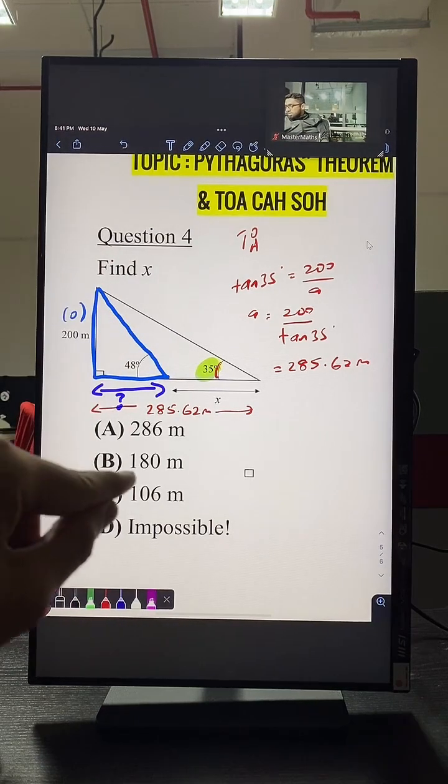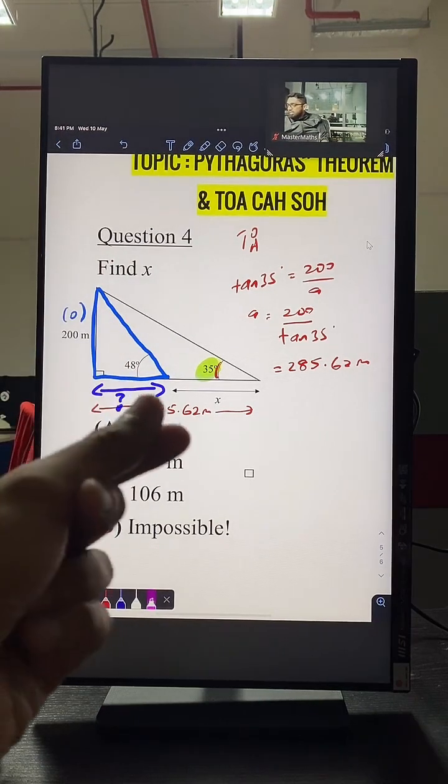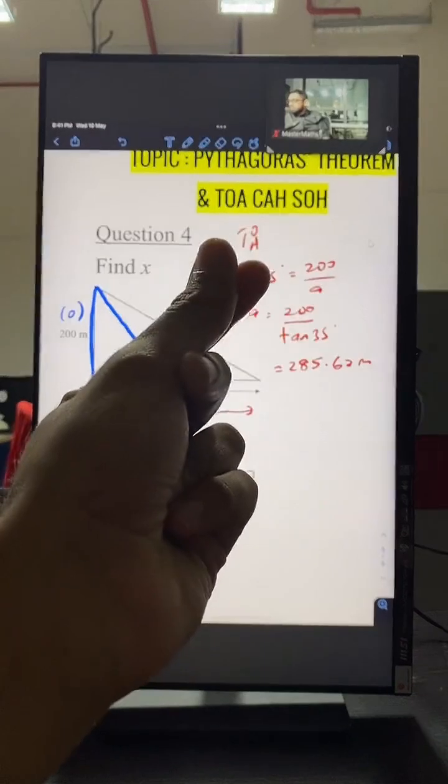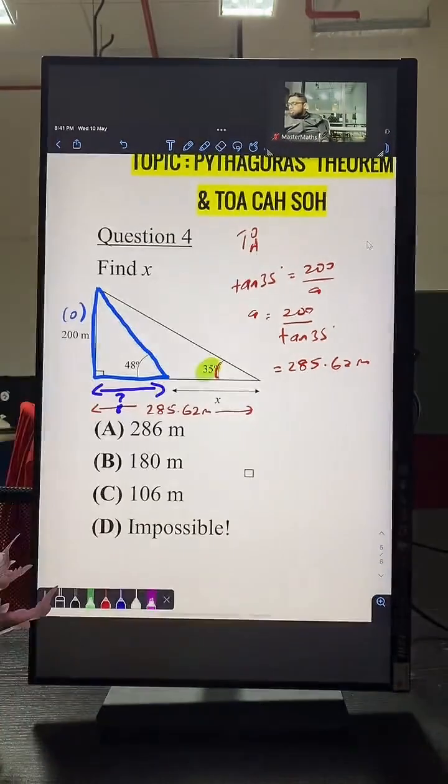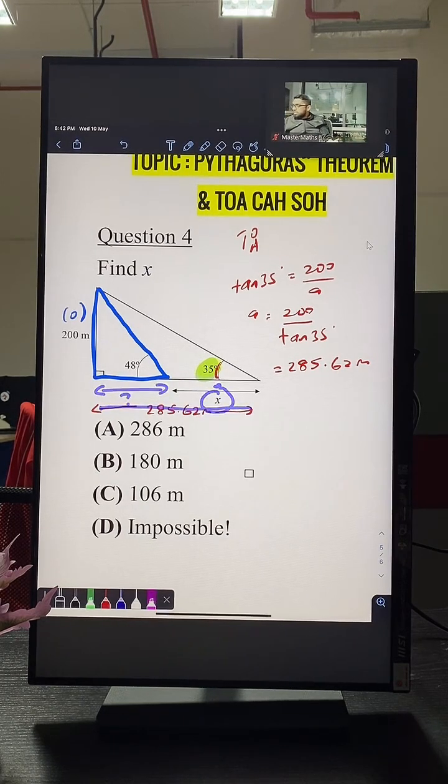Alright? Oh, I see a lot of hearts. Heart shape like this. Fantastic. So definitely helpful to find this question mark here. Alright? Because after that, we can take 285.62 minus that question mark, and we can find X. We settle the battle in the kettle.